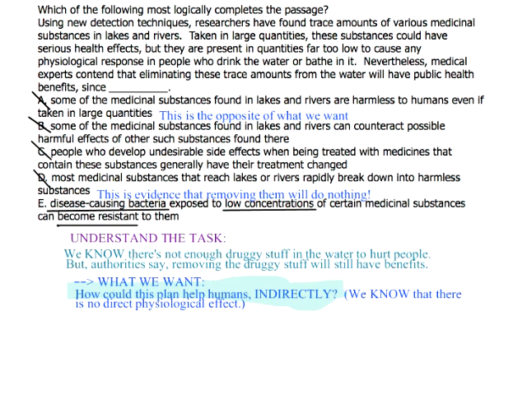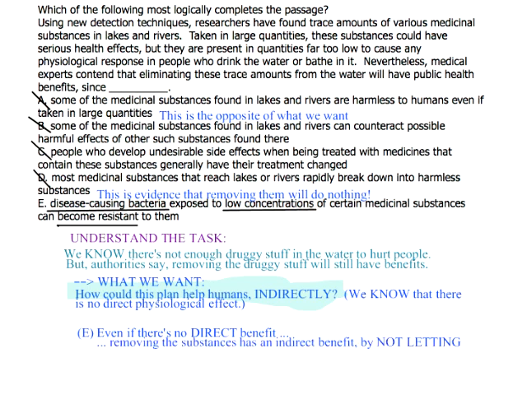Even if there's no direct benefit, the point is that removing the drug substances has an indirect benefit by not letting these bacteria develop resistance. So that's what we want, right?